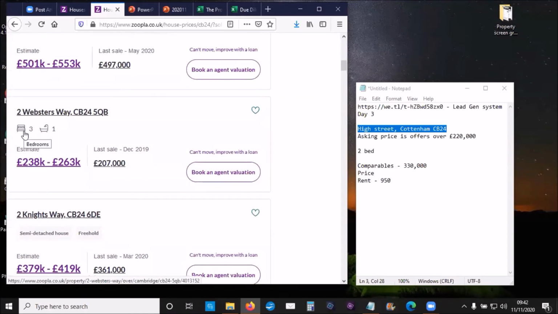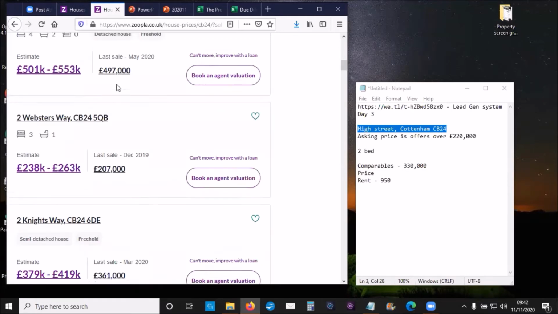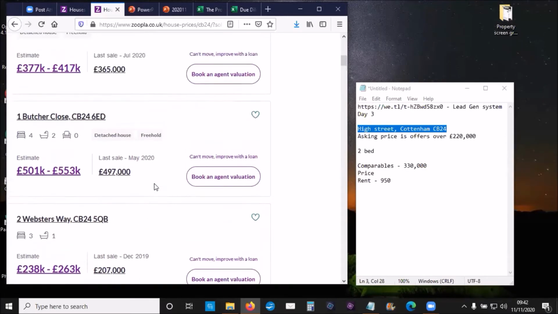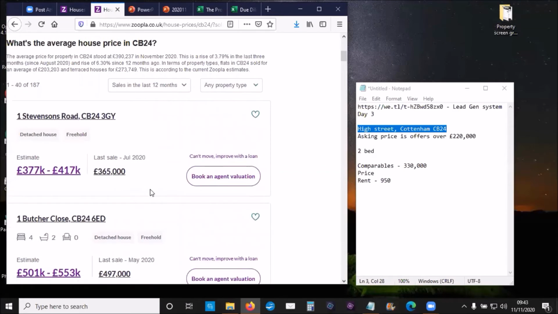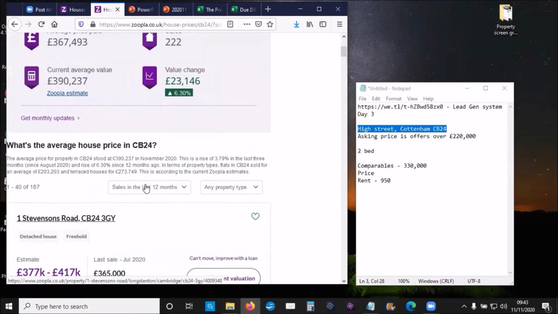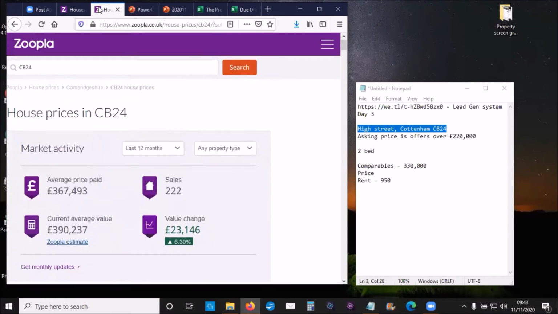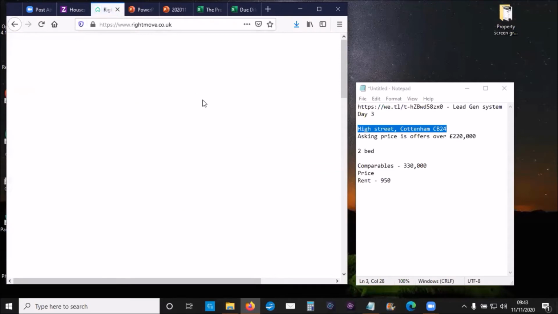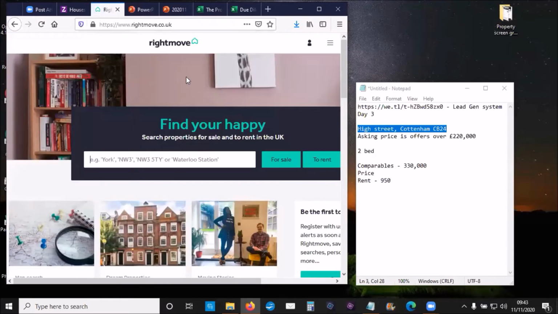This is a 3-bed. Ours is a 2-bed. What's nice about Rightmove is that I can see pictures, whereas here I can't see pictures. I actually don't know if what I'm looking at are true comparables. So I'm going to go back to Rightmove just to check on sold house prices.